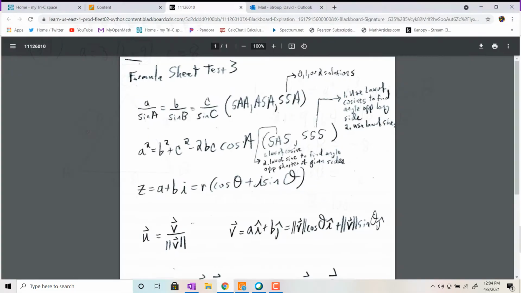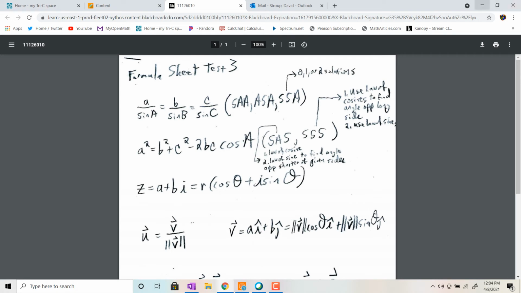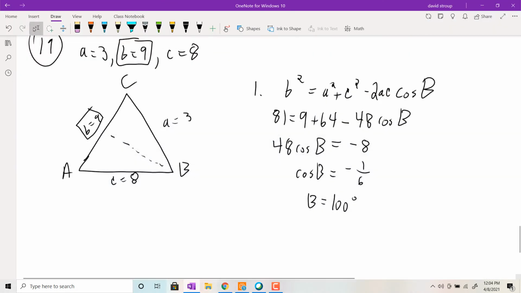Okay, let's go back to the formula sheet then. Your second step, you use law of sines. I guess we could go after either angle A or angle C. I'll just go after angle A, alphabetical order here.